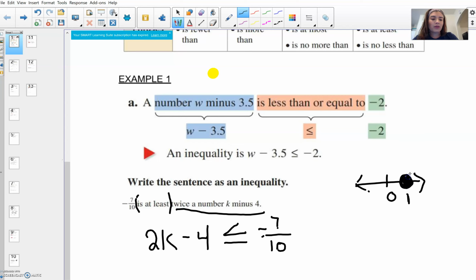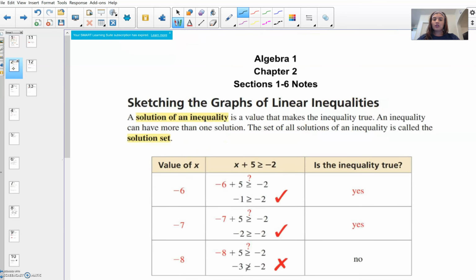That's our minimum. It's at least 1, so it's 1 and everything greater. Like if you were to say at most 1, then 1 would be the highest you could get, the most biggest number. At least 1, that means 1 is our very bottom minimum.